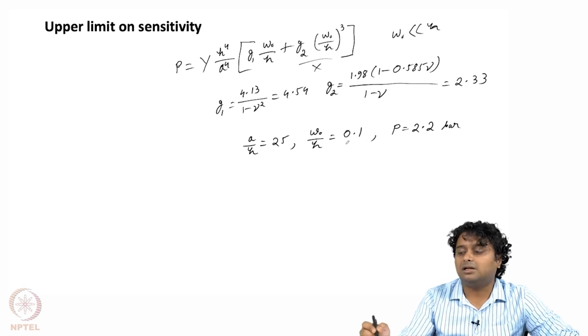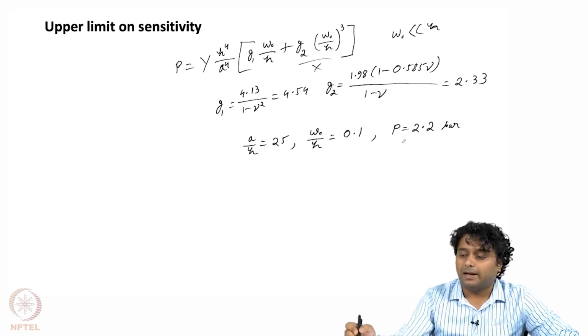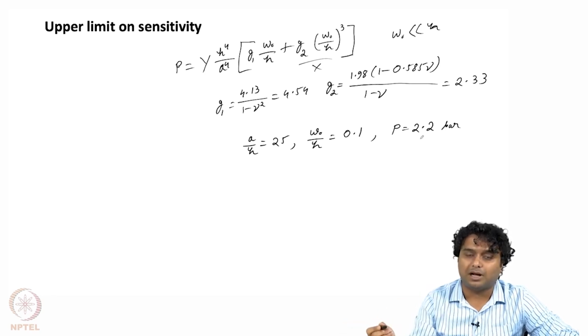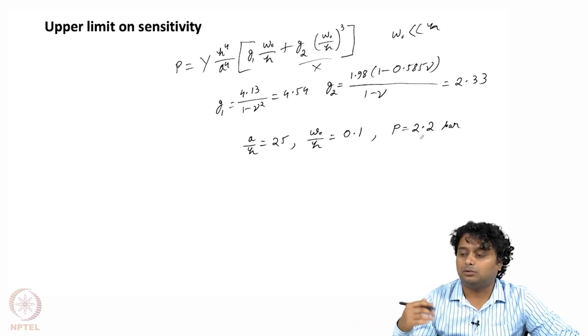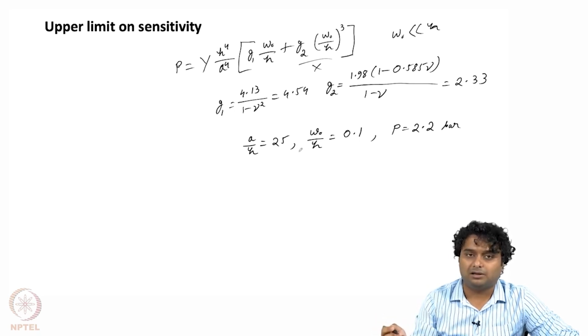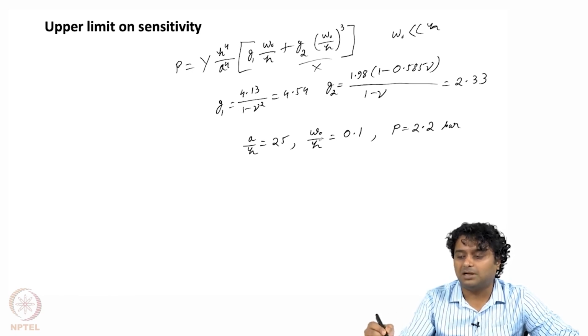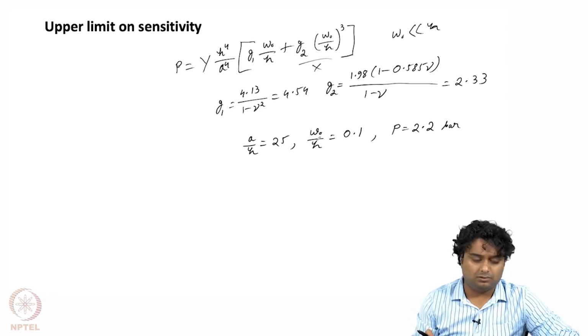Now this itself gives 2.2 bar, which means 2.2 atmospheric pressure, about 2 times more than the ambient pressure, and it can be achieved with this kind of configuration. So we can pretty reasonably assume that if our deflection is not much, we are in the linear zone.